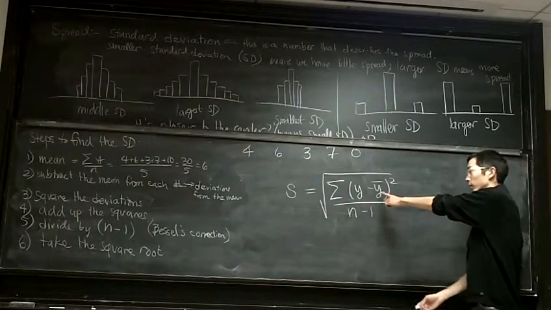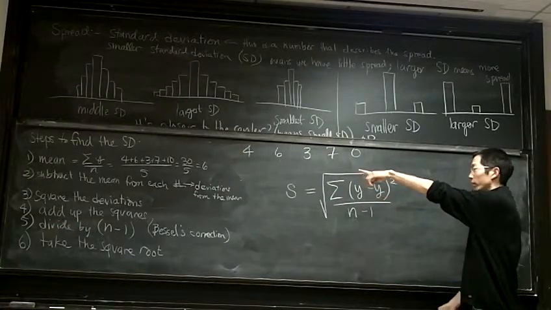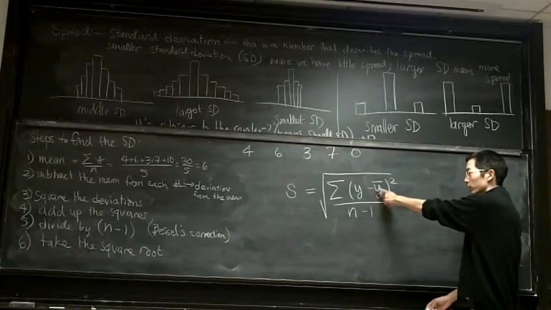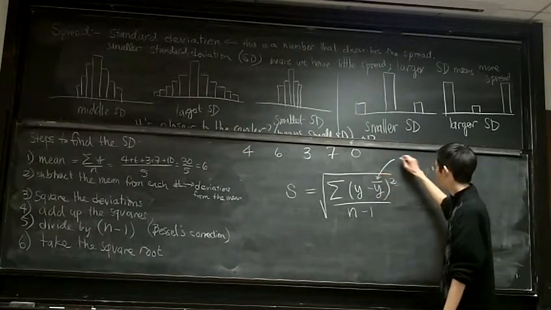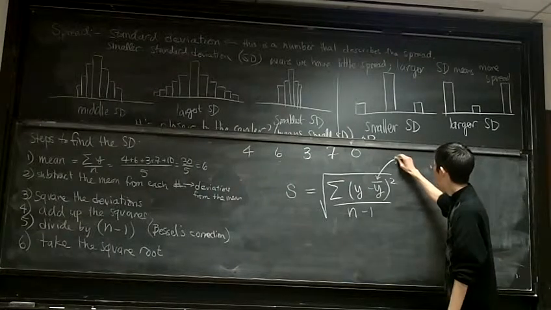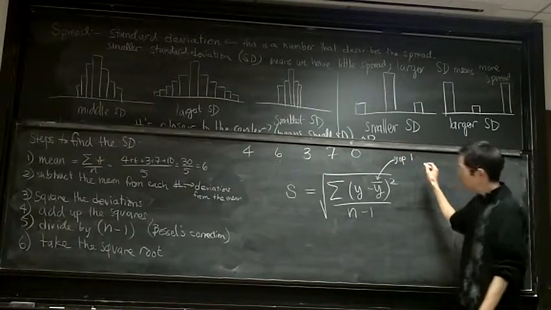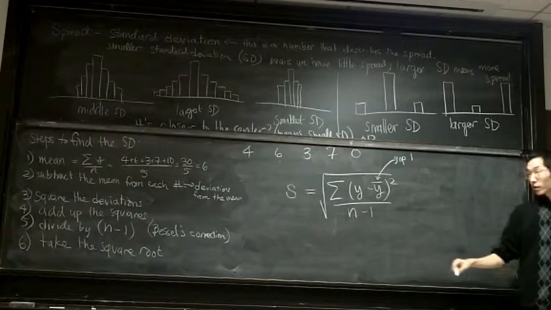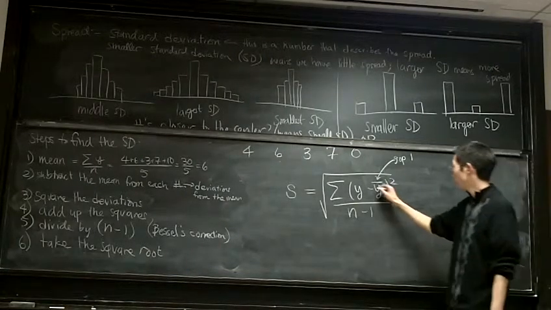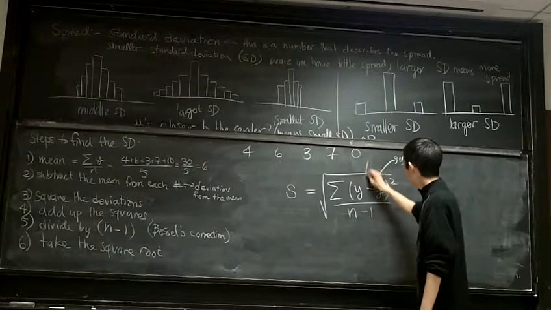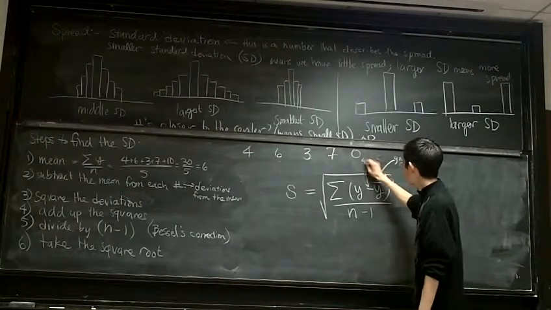So first, step 1 is finding the mean. That's given by this symbol. Y bar is the symbol for mean. This is step 1, finding the mean. Step 2 is this subtraction sign.